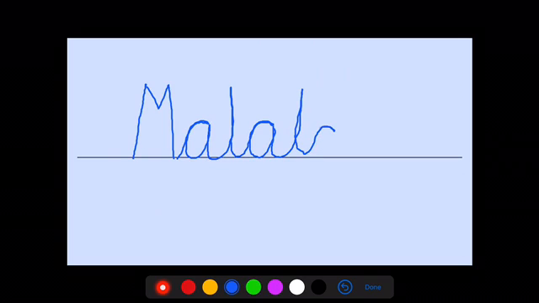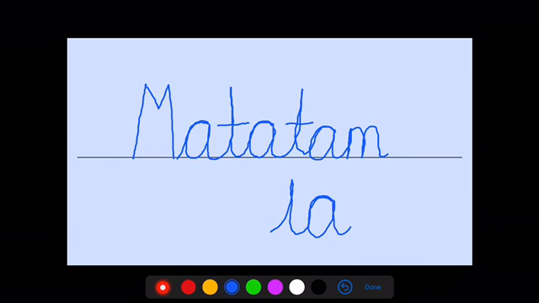That's the last syllable in the word. Ooh, that's a bit wonky. I'm going to cross the letter T's when I've finished. May tay tam. I probably need to write it again, this last little bit, because that was a very wonky letter T. But no worries. We all need that little bit of extra practice sometimes.